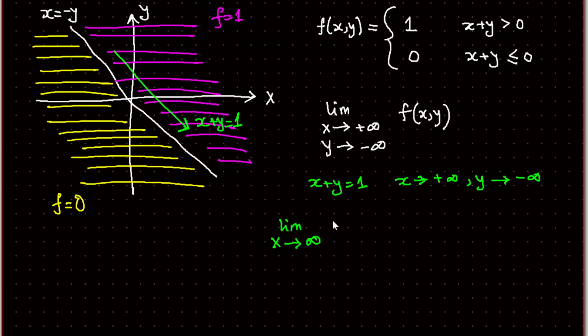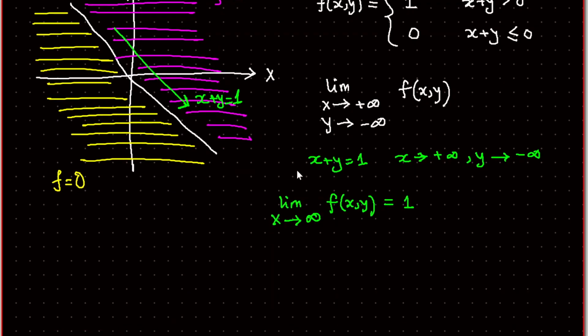So f of x comma y is equal to 1 under this condition, x plus y equal to 1. Now take another condition, say x plus y equal to 0, which is going through this line.